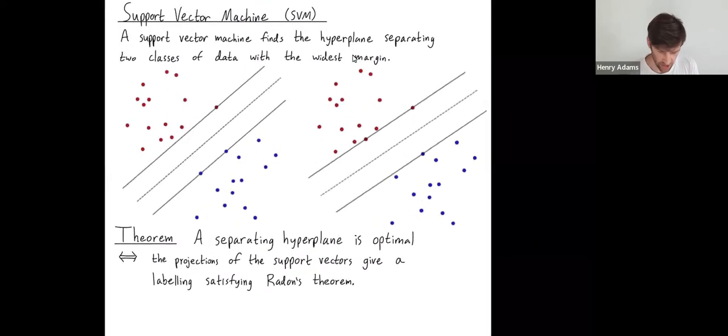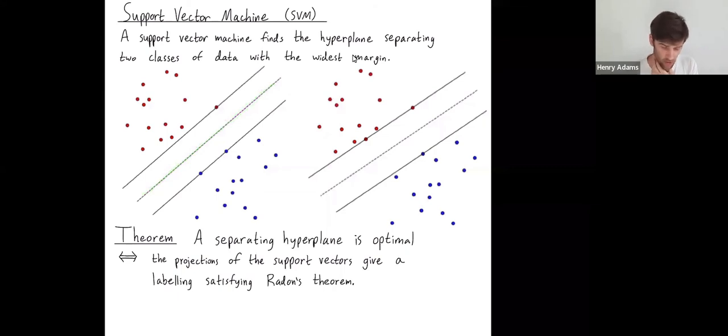Let's say somebody tells you you have support vectors that look like this, where when I project, the convex hull of the projected support vectors from the blue class doesn't intersect the convex hull of the projected support vectors from the red class. Well, you know that person is misleading you, okay? This is not the optimal separating hyperplane, okay?